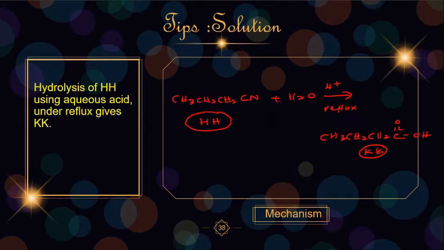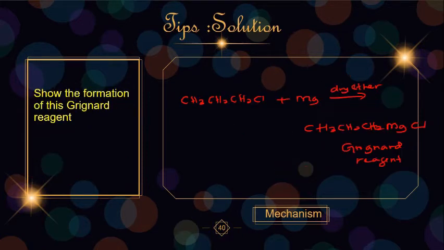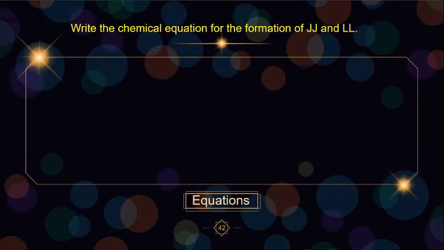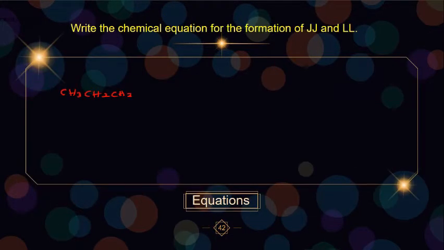So mana kita cari JJ kita tadi? JJ kita daripada CH3, CH2, CH2, NH2. Okay? Okay, now kita go for this question. JJ kita tadi adalah CH3, CH2, CH2, CH2 and H2. Alright? Ini JJ kita.